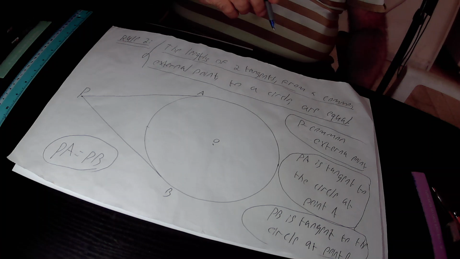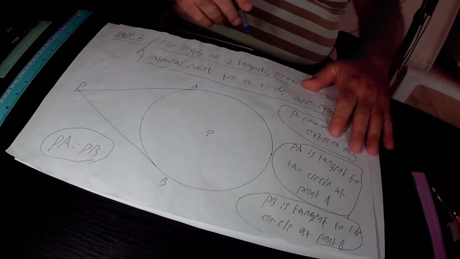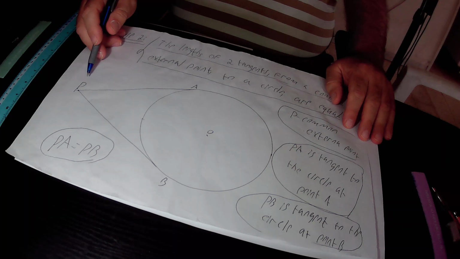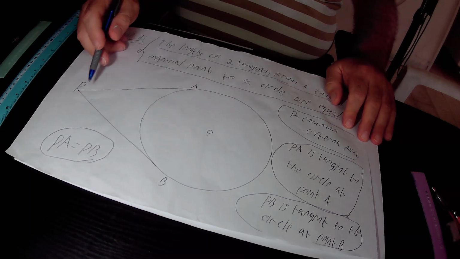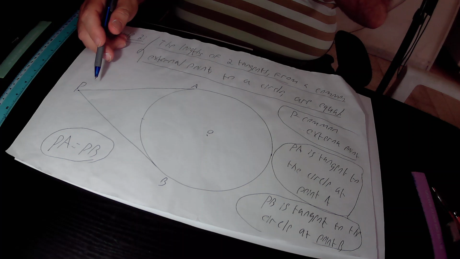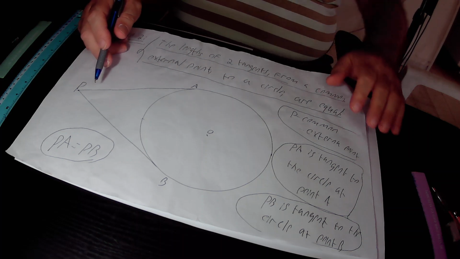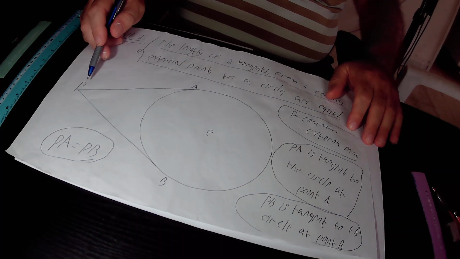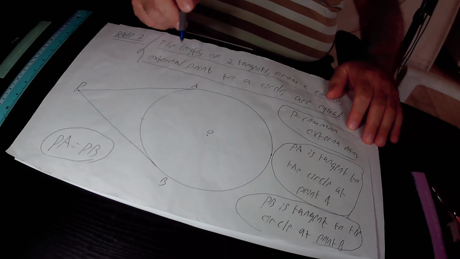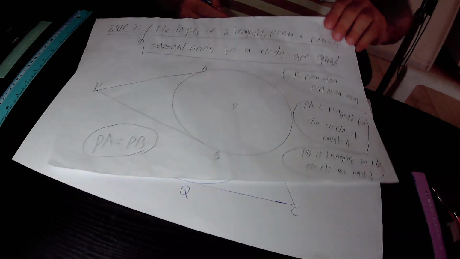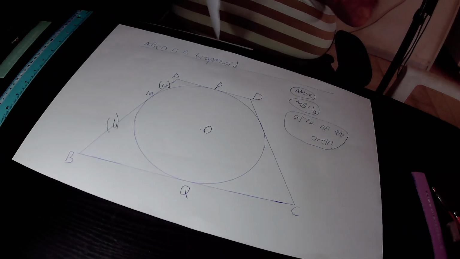In the drawing we have a circle, and this is the common start point, point P. From this common start point, point P, we have two tangents to this circle, tangent PA and tangent PB. And according to this rule 2, the length of tangent PA is equal to the length of tangent PB. Again, PA equals PB according to this rule 2. So we can actually implement rule 2 in our drawing.